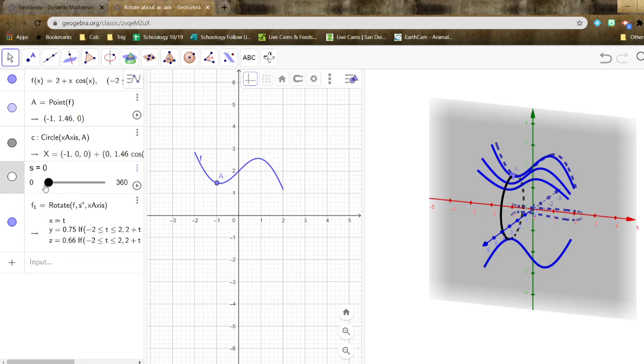And what I have going on here is something called a trace on that function. So as I'm rotating this function around, see, it's kind of cementing some of those versions of the graph as I rotate it around. I'm going to pause this and try to get some more going on that.